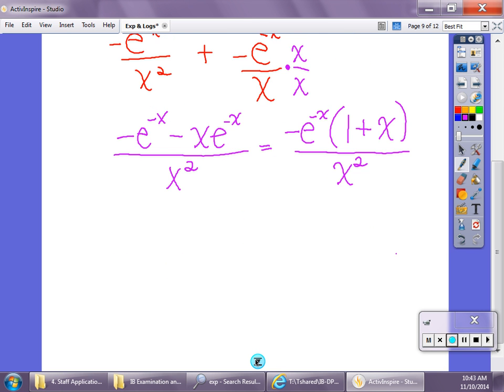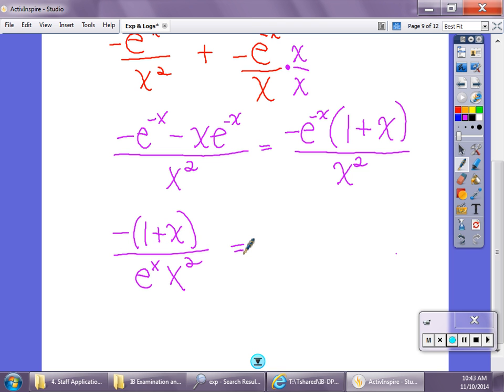Or we have a negative exponent right here. Where can this go? It can go to the bottom. So another answer might look like this. The negative can stay on top, 1 plus x over e to the x, x squared. Your answer could look like that.